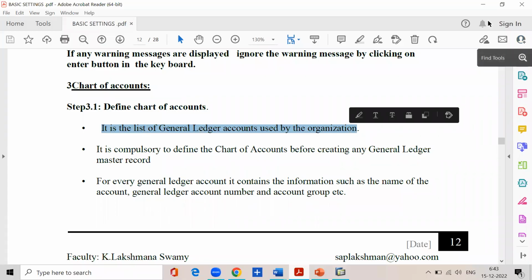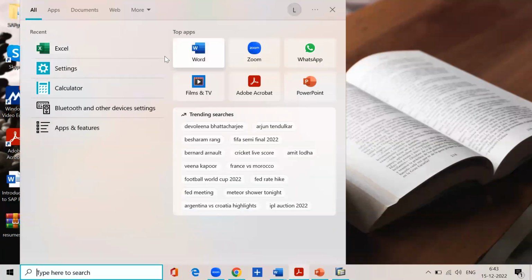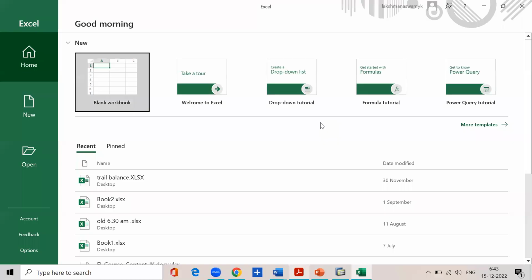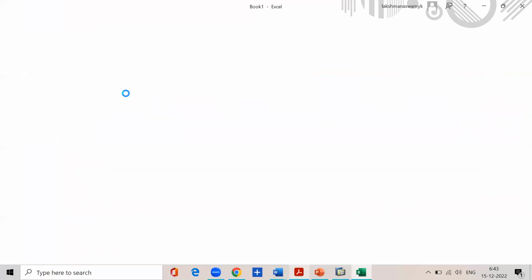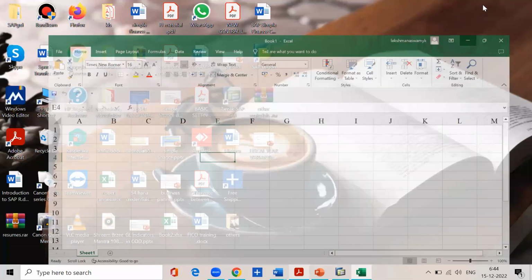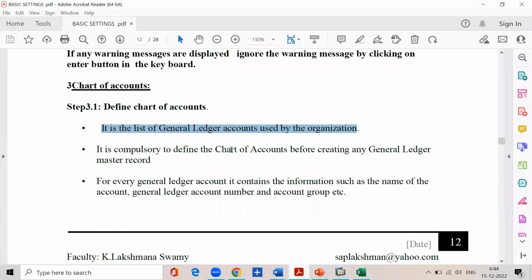In real time, every company code will use hundreds and thousands of ledger accounts, like rent account, wages account, salaries account, raw material consumption account, contribution to PF, contribution to ESI, packing material cost, etc. All these ledger accounts together are called chart of accounts, nothing else. It is the list of ledger accounts used by the company code during the daily management of the business. That is called chart of accounts.